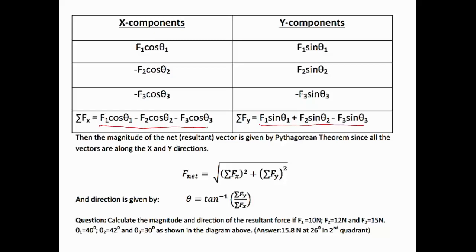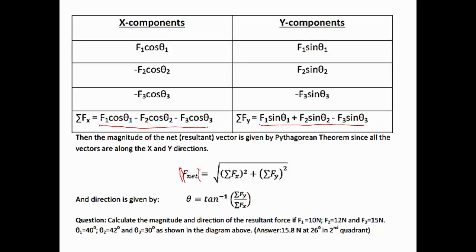Each of these will have a number. And how do you find the magnitude? The magnitude of the force is the square root of the sum of the x components squared plus the sum of the y components squared, and the direction of the resultant force is given by the inverse tan of the sum of the y forces over the sum of the x forces, and also mention the coordinate. So this is a very brief review of vector addition.